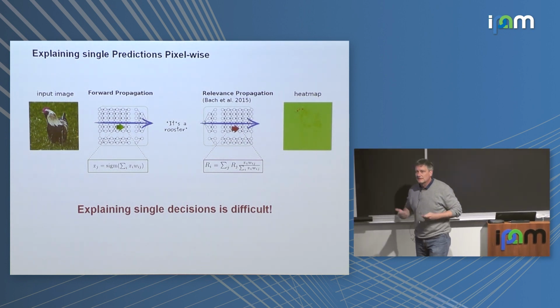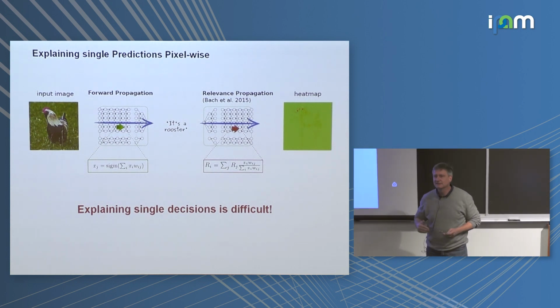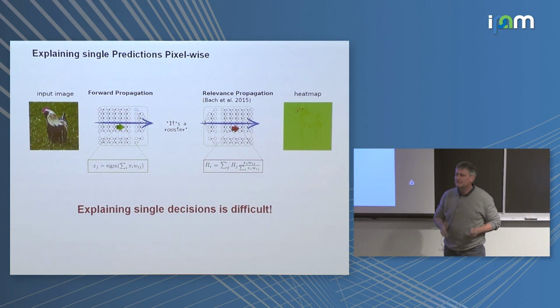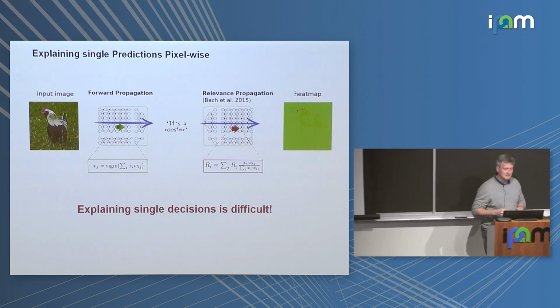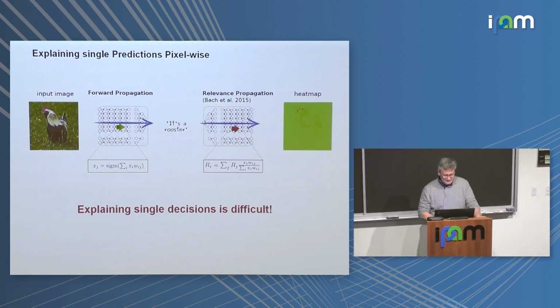So now you wonder, why does this model consider this particular image to be a rooster? And the problem with this is that the whole model that we are looking at is a highly nonlinear beast. If it were a linear model, it would be easy.